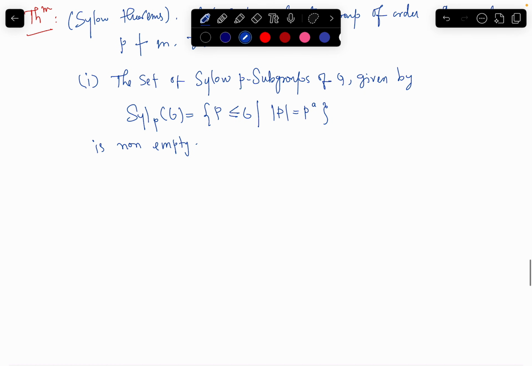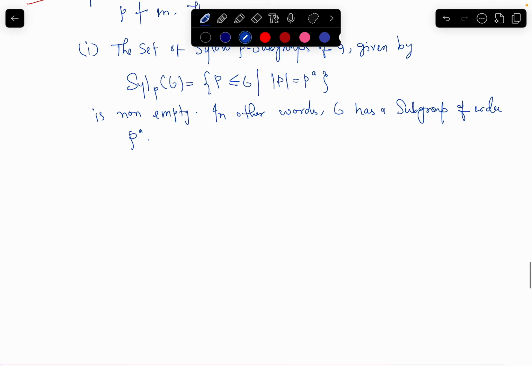That is, in other words, G has a subgroup of order p raised a. Moreover, now we have a Sylow subgroup, at least one of them.